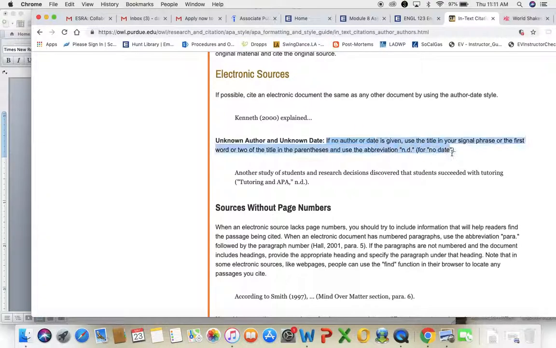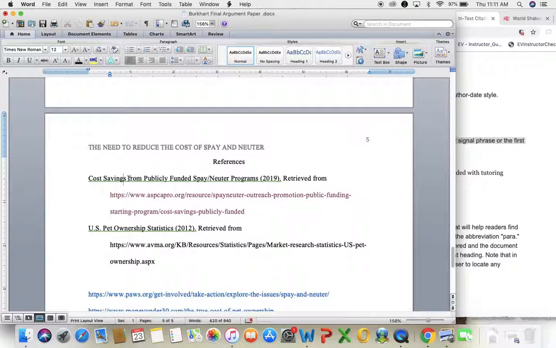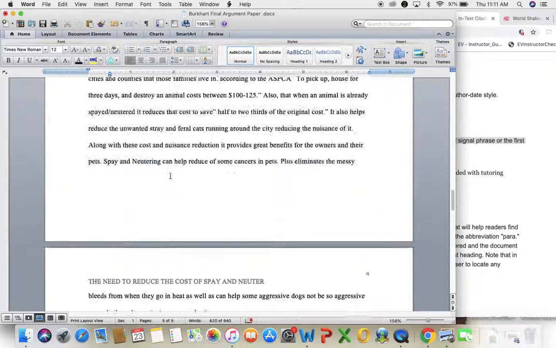And this is it here. So if no author or date is given, use the title in your signal phrase or the first word or two of the title in the parentheses and use the abbreviation n.d. for no date. So we've got a date for that first one. And this just means you want to shorten the title. So we can just use cost savings.